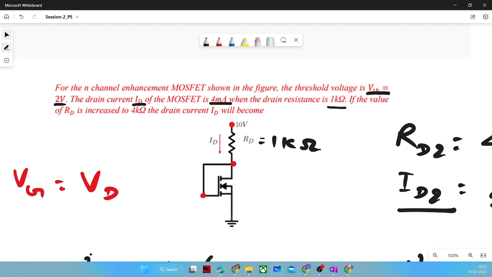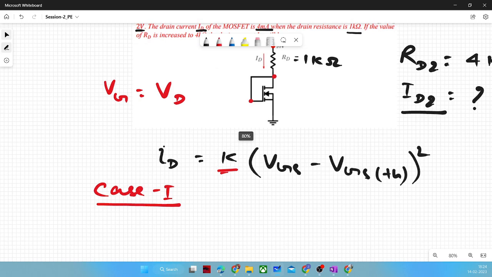What you need to compute is the drain current when resistance is increased from one value to another. For that purpose we need to know the value of K, since ID is proportional to K. If we find K, then we will be able to find other things, like what VG or VD will be for the second case.